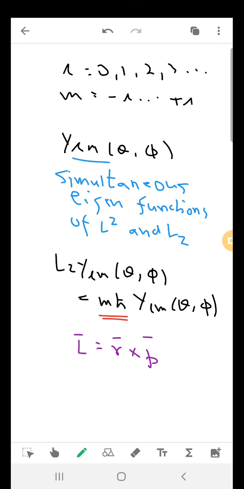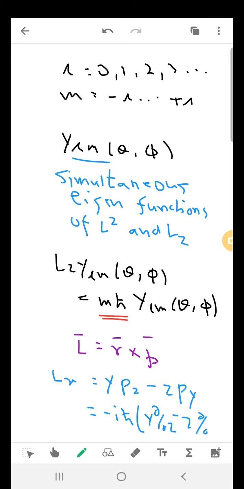So we can write Lx as equal to y pz minus z py, which in operator form is equal to minus h cross times y del by del z minus z del by del y.